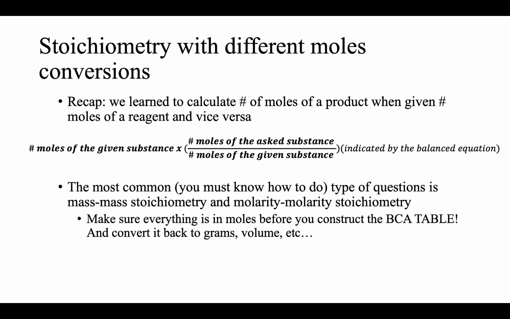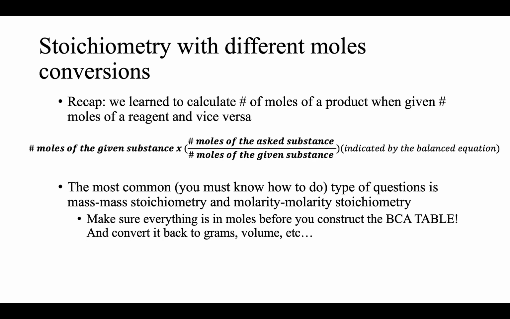So in the last video, we talked about what stoichiometry is and how to solve basic stoichiometry questions with the BCA table method. Essentially, we learned to calculate the number of moles of a product when given the number of moles of a reagent, or vice versa.